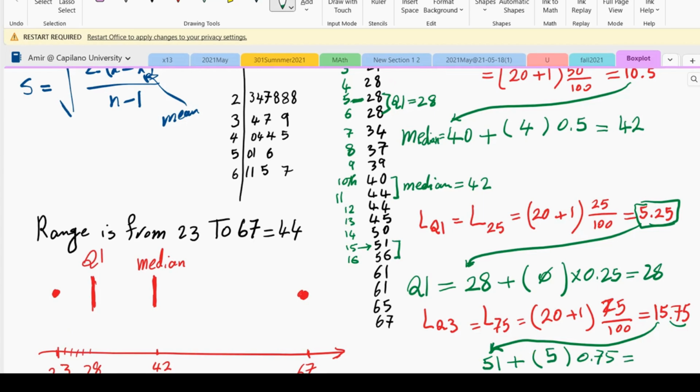So now tell me what the actual number of quartile 3 is, use your calculator. 54.75. So 75% of observations are less than 54.75. Let's identify that on the chart. 54.75 is something like this.